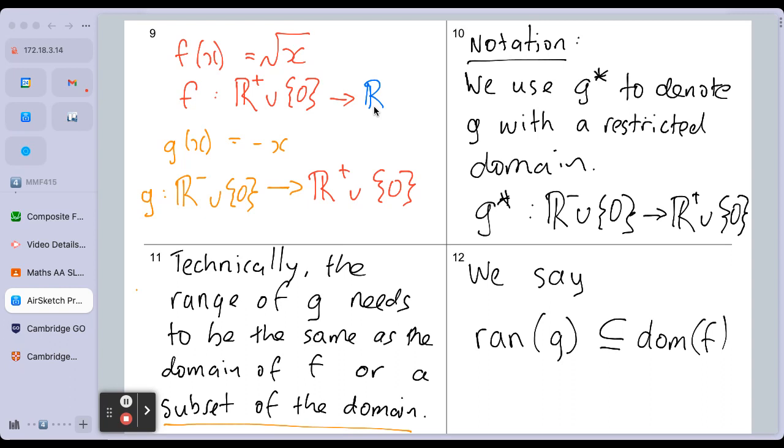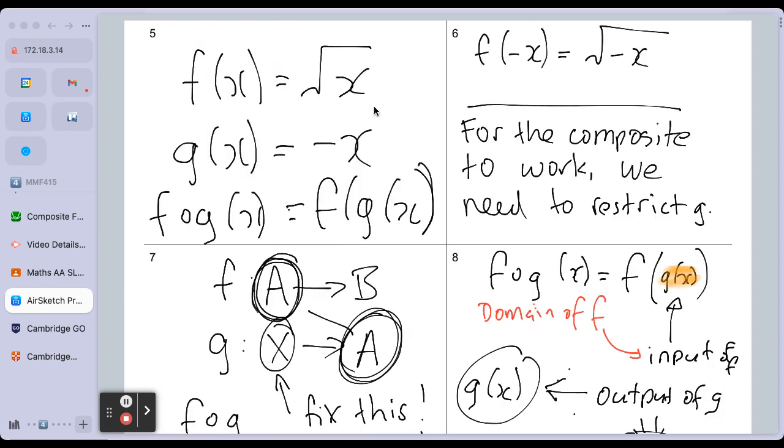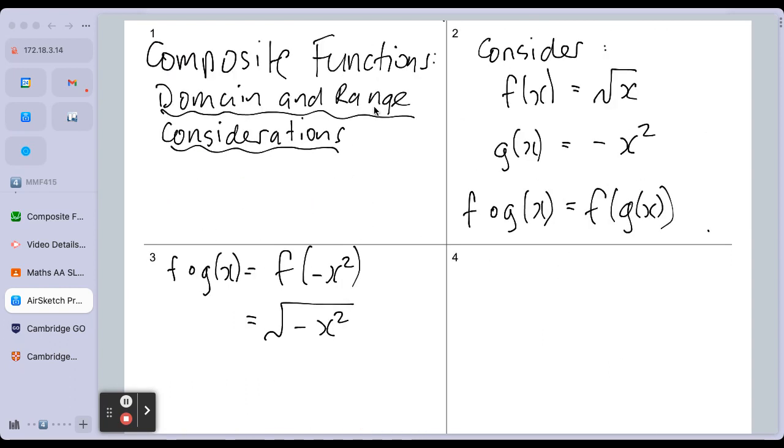So when we go back to our first example, there's nothing we can do about this first example. We can't restrict the domain in any way, shape, or form to make its range fit F's domain. Oh, except for 0? Yeah, you can restrict it to 0. Sorry, my bad. I'm being a bit zeroist there, and I don't mean to be.